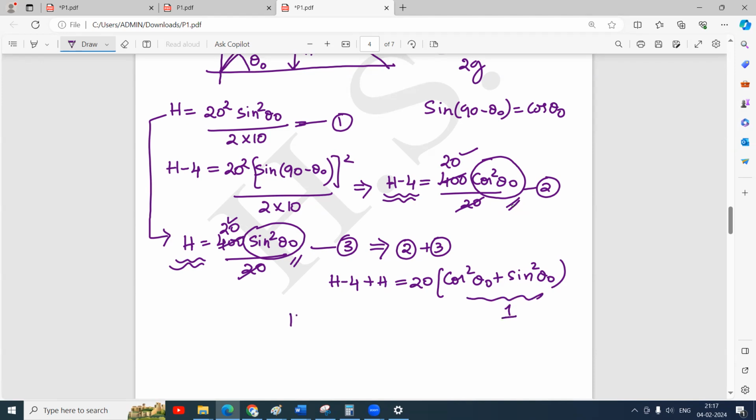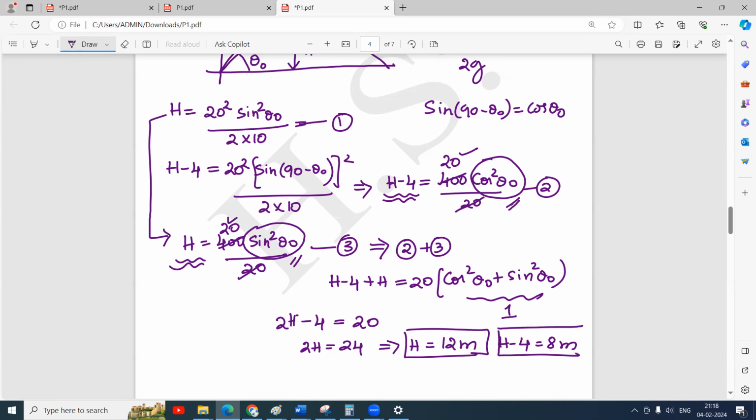So what will you get? 2h minus 4 is equal to 20. 2h is equal to 24. That implies h is equal to 12 meters. If h is 12 meters, then the other one is h minus 4.